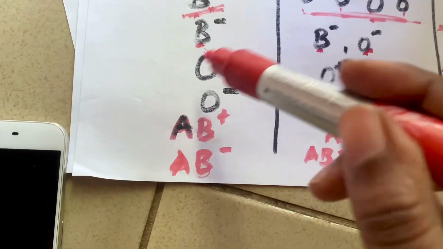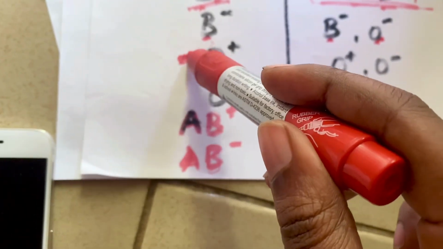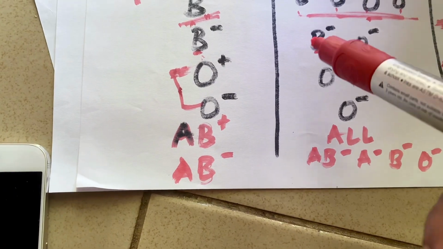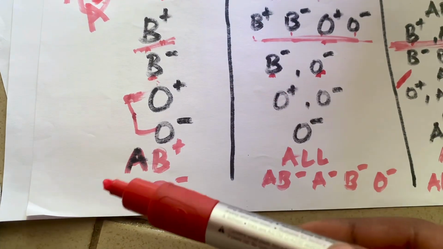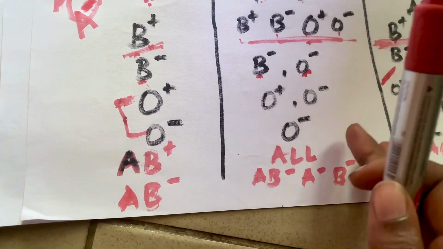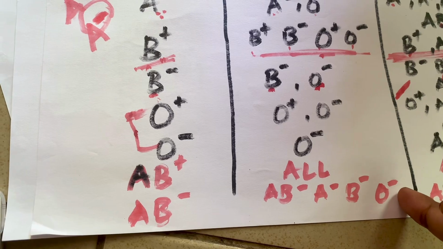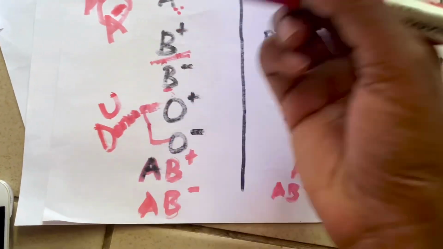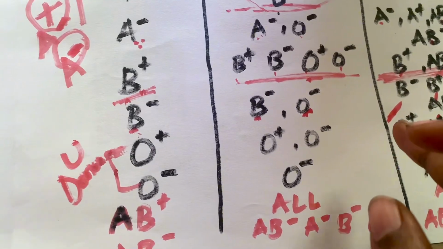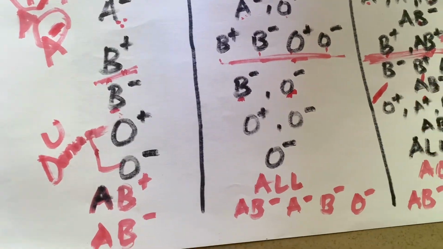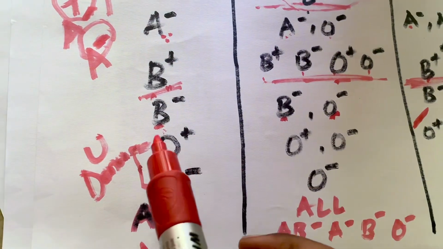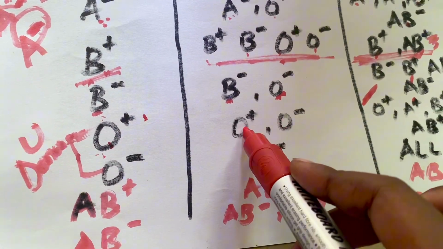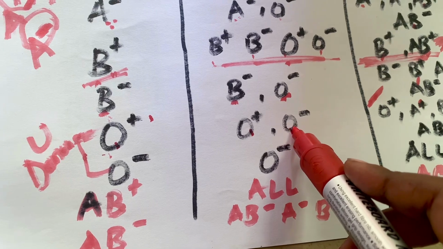Go to the O. These ones, first of all, are called the universal donors. The reason why they are called universal donors is because they can give to everyone but only receive from O. However, one of them is the true donor. Let me explain. We have first of all the O positive. O positive is going to receive from O positive and from O negative.